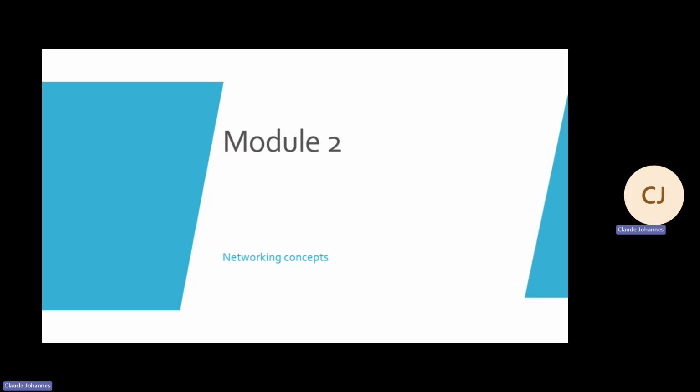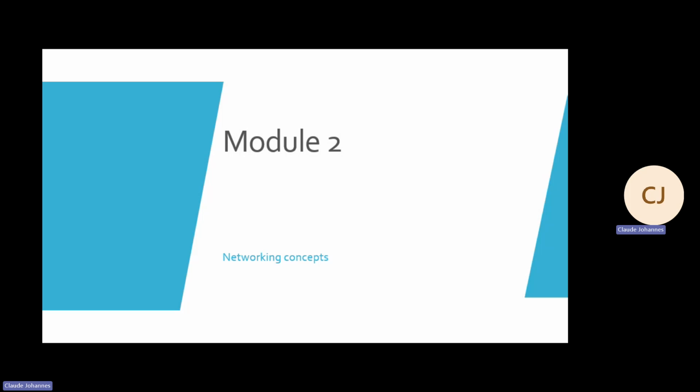Okay, so today we're going to look at Unit 2.1. In this unit, you need to know and understand the difference between LAN, MAN, and WAN, coverage and usage. You need to discuss the internet as a WAN.